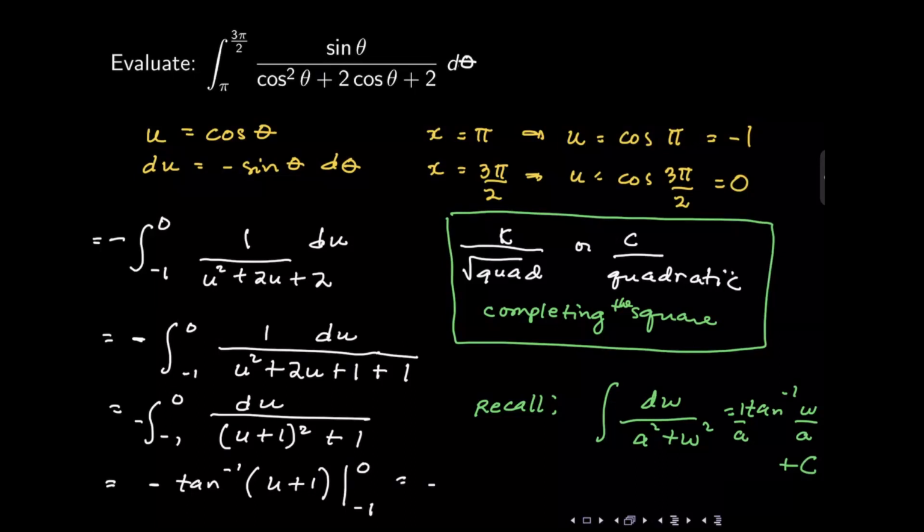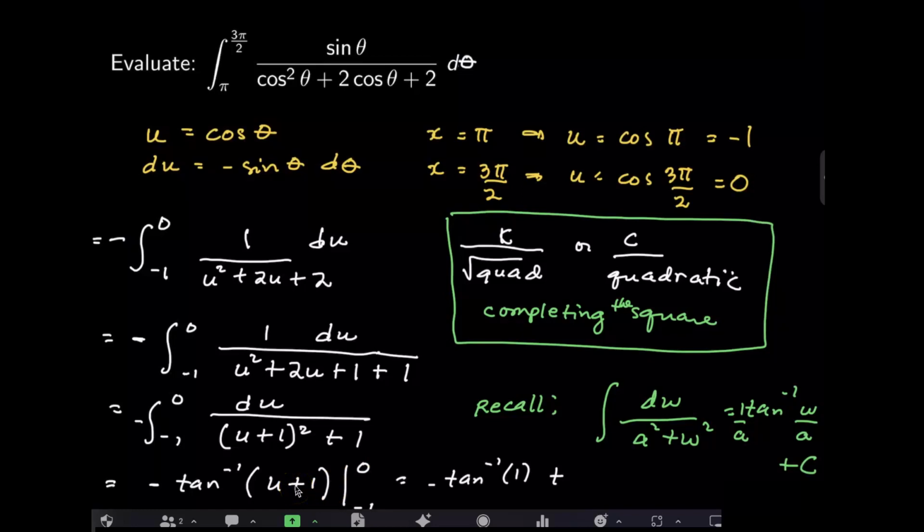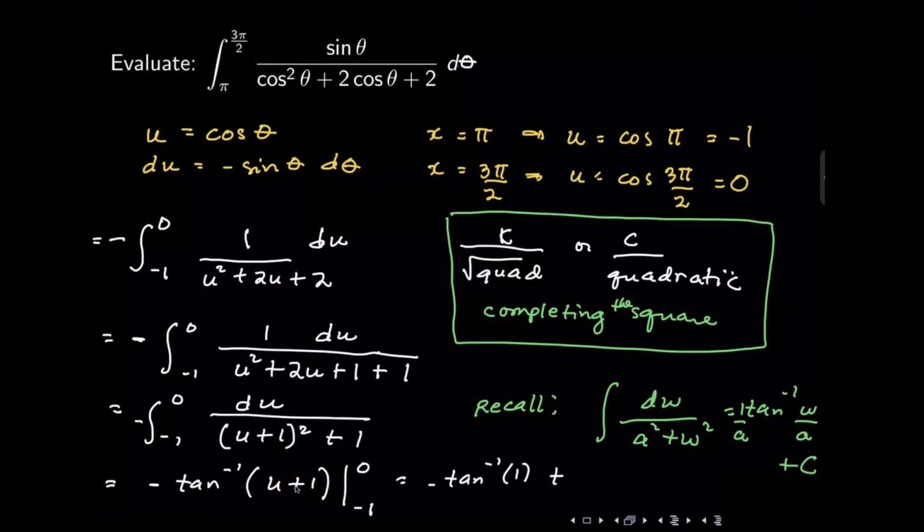So this is negative tangent inverse of 1 plus, when u is -1, tangent inverse of 0. Tangent inverse of 1 is negative pi over 4, and then tangent inverse of 0 is just 0. So our final answer is negative pi over 4.